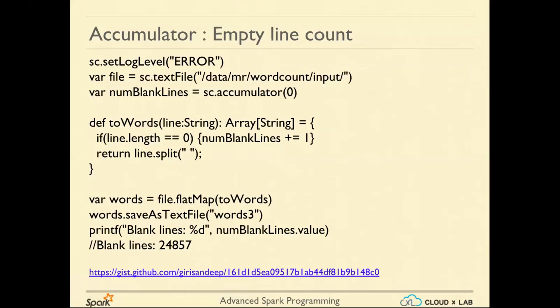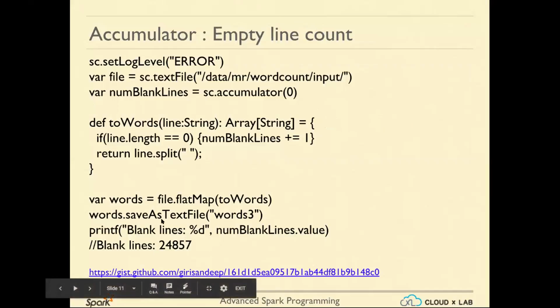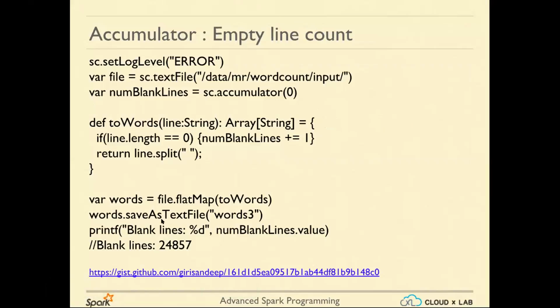So let me go back here. Since we have heard that Spark might relaunch something if something fails, can the two words function be executed more number of times than required? Quickly.